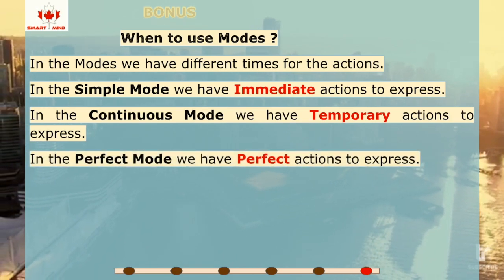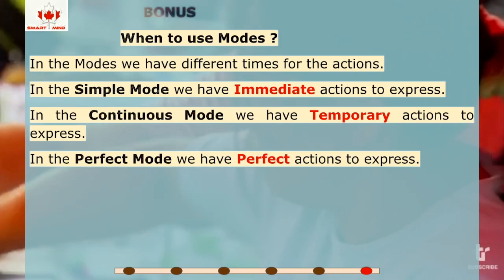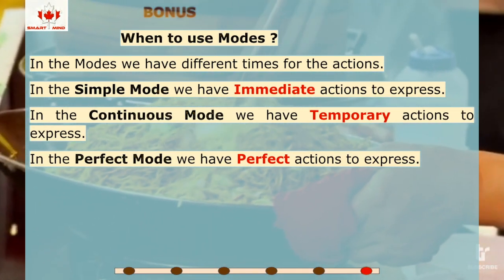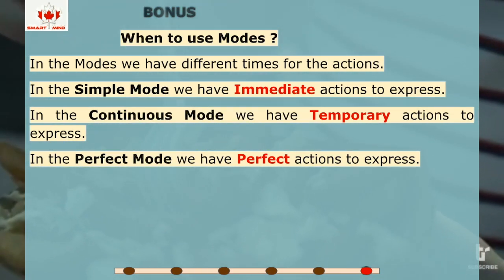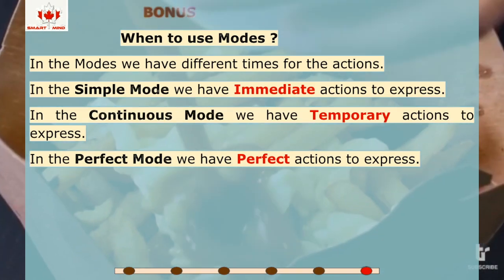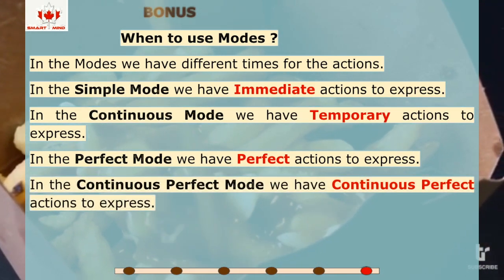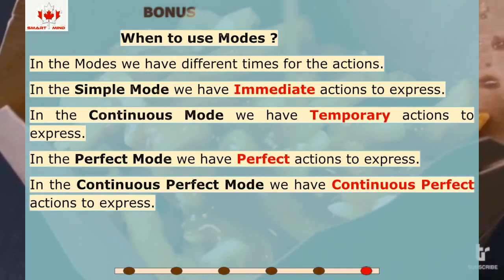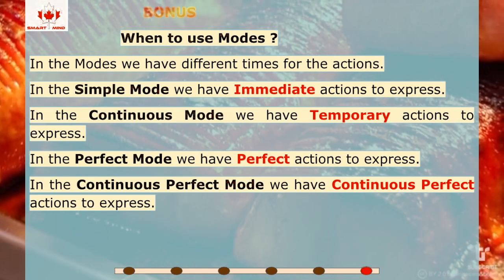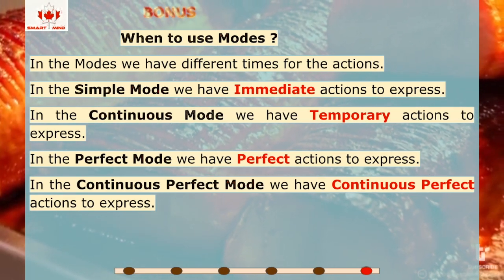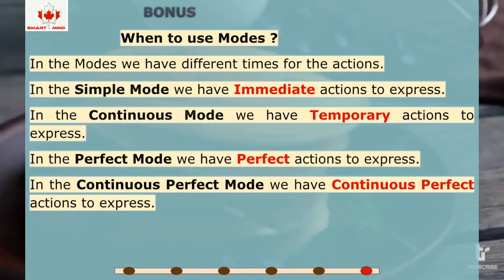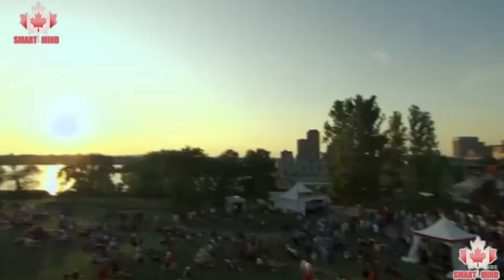In the perfect mode, we have to understand if the action expresses a perfect action, a perfect situation. In the continuous perfect mode, which is very rare, we have to express a continuous perfect action. And we have to ask ourselves.